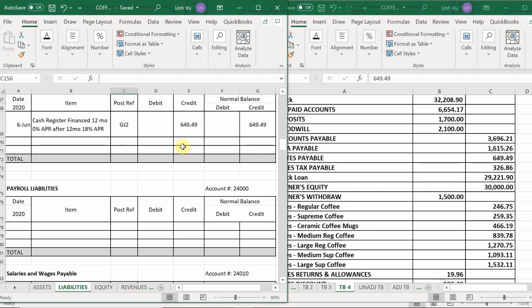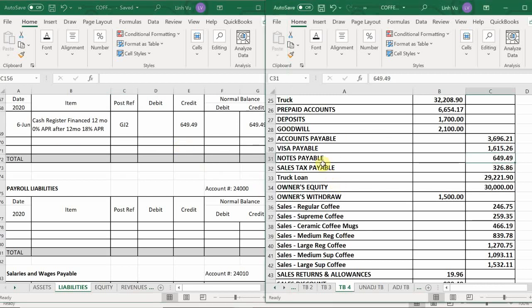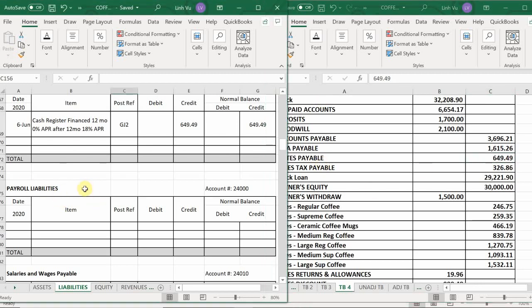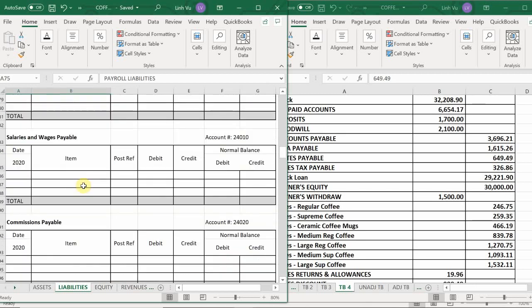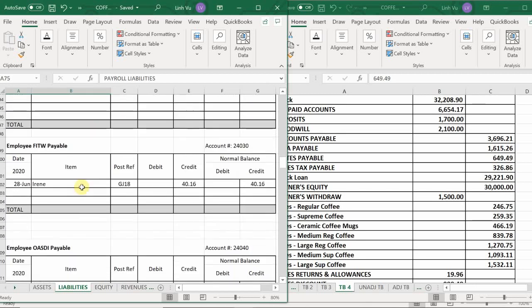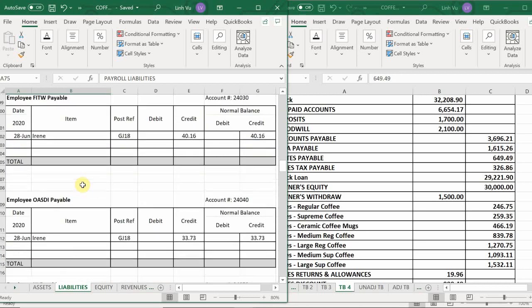All right. And then this is where I'm going to start inserting a lot of extra rows because in this case, we just did payroll. So therefore, we used a lot of extra liability accounts. So in this case, right, payroll liabilities is a huge chunk. So I need to add, let's see, employee FITW.